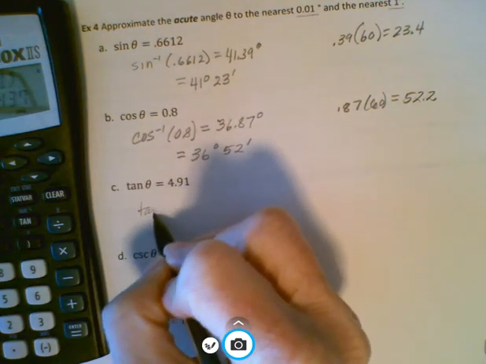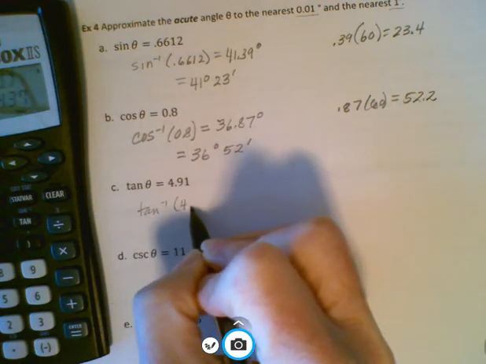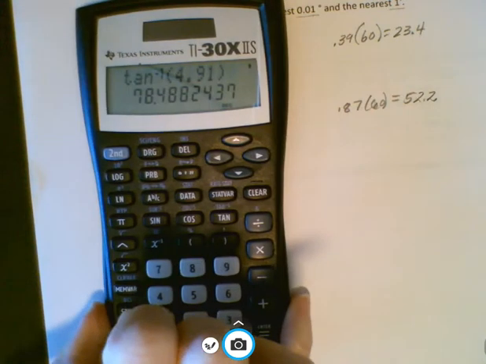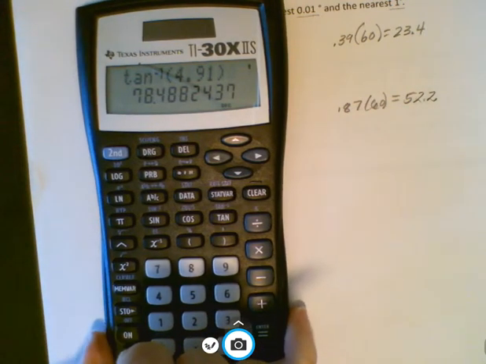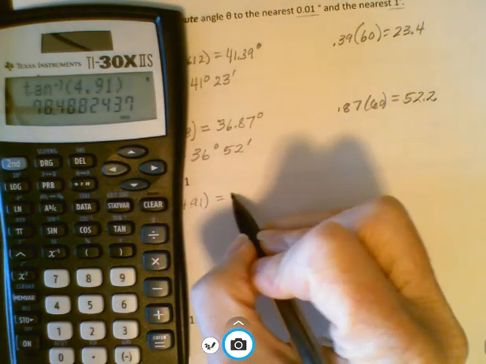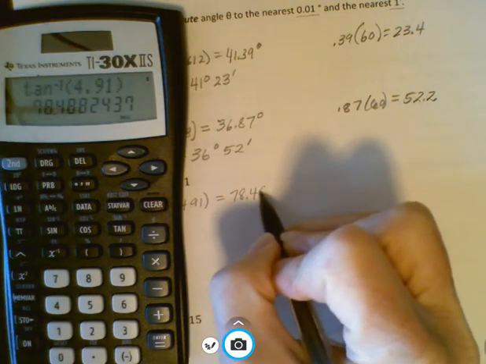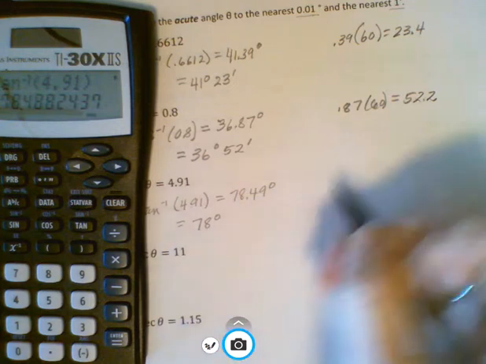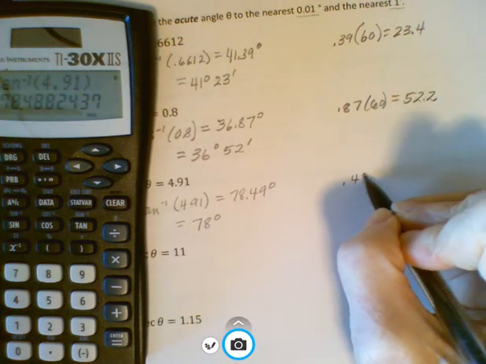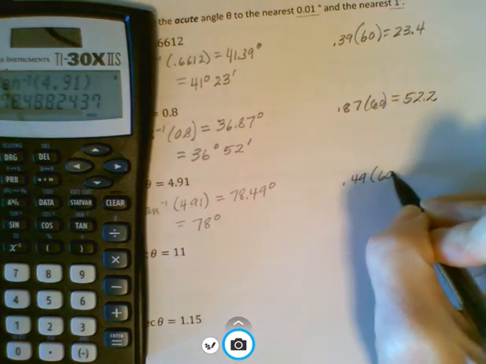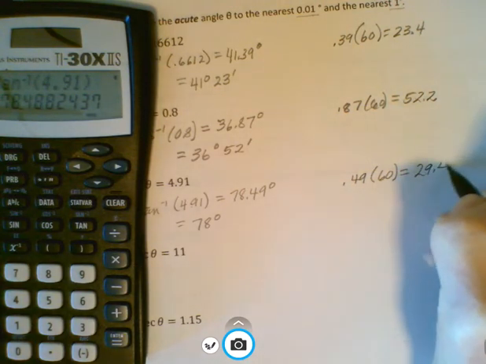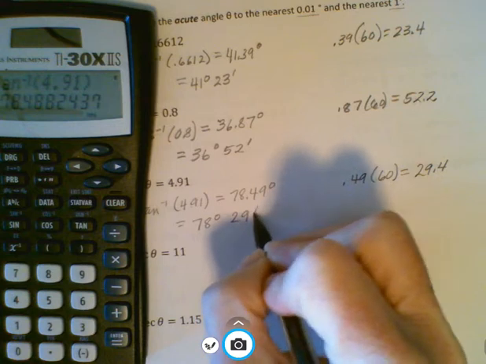So tan inverse of 4.91, and what did we get? 78.49 degrees, which would be 78 degrees, and let's see how many minutes. 0.49 times 60 is 29.4, so that would be 29 minutes.